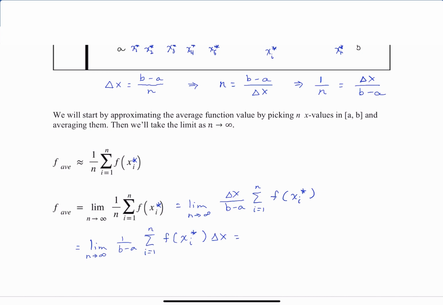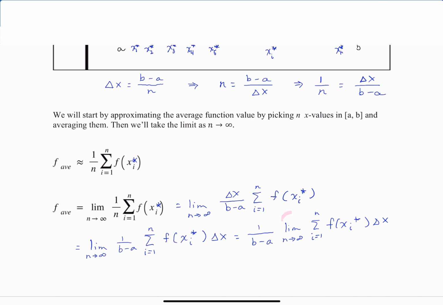You decide on them before you launch into this whole procedure. So that can be pulled out to the front of the limit. And now we have 1 over b minus a times the limit as n goes to infinity of the sum as i goes from 1 to n of f of x sub i star times delta x.